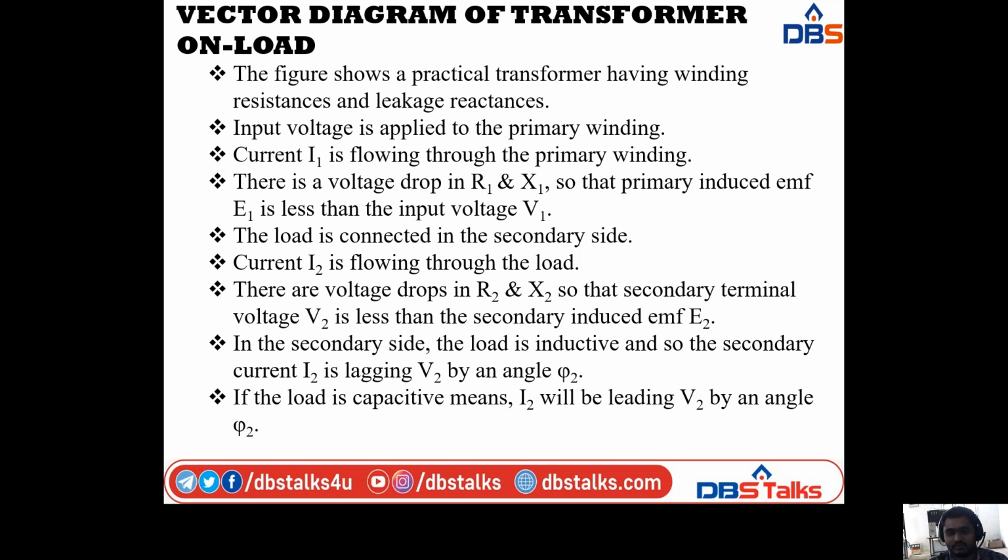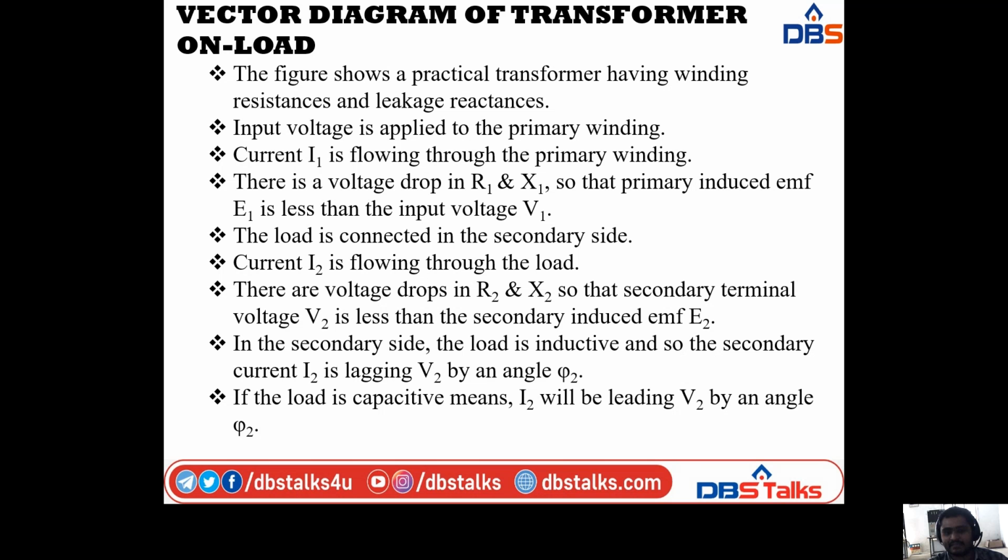That means current I2 flows through the load. Next, there are voltage drops in R2 and X2. So the secondary terminal voltage V2 is less than the secondary induced EMF E2. That means E2 is greater than V2 in the secondary winding. If the load is inductive, that means a lagging load, the secondary current I2 lags V2 by an angle phi 2.